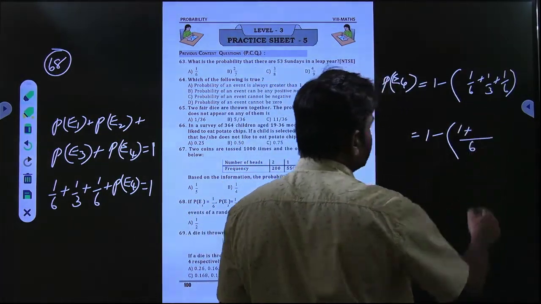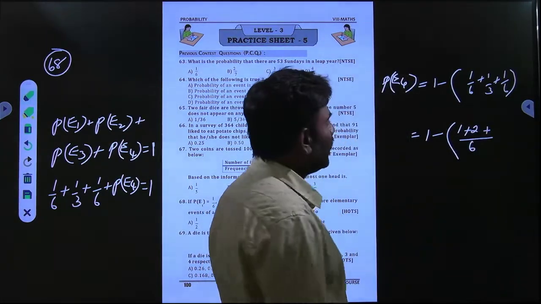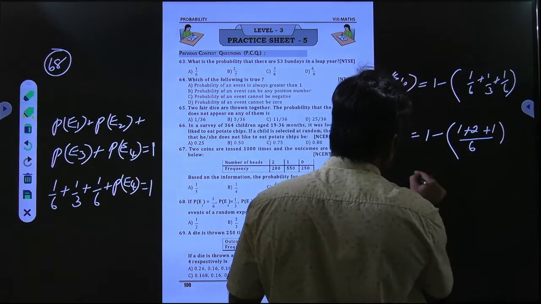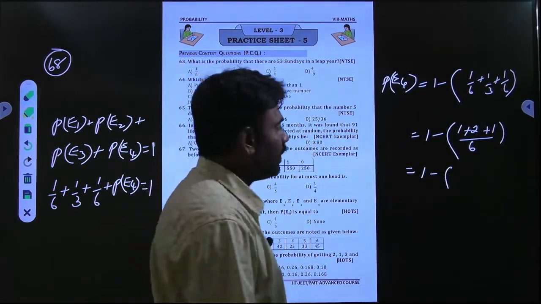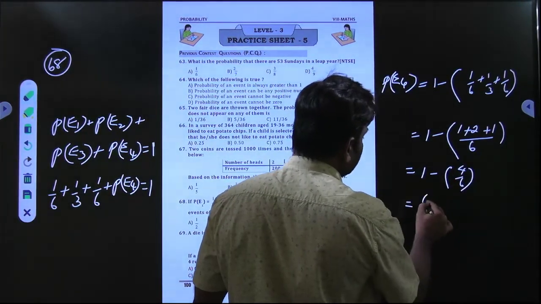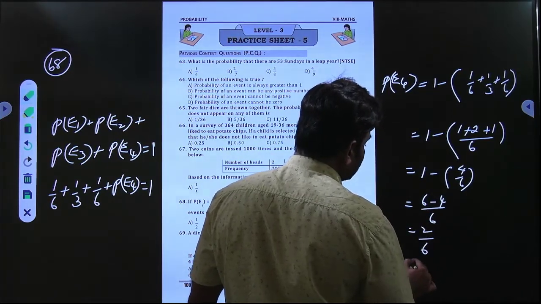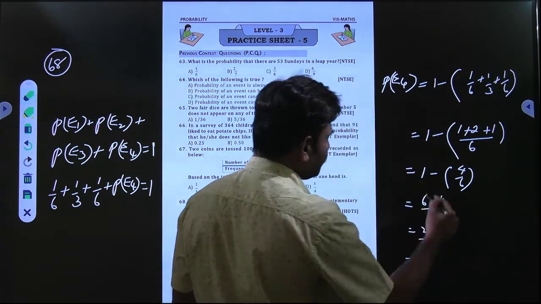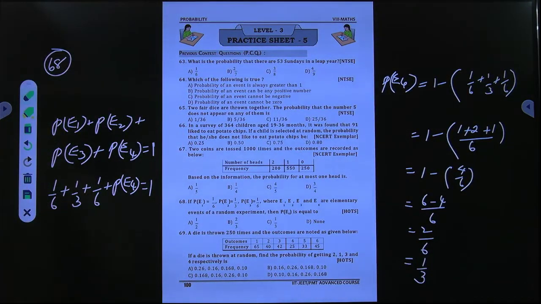Plus 3 divides 6 two times, 2 into 1 is 2. Again 6 divides 6 one time, 1 into 1 is 1. That means 1 minus of 1 plus 2 plus 1, which is 4 by 6. 1 minus 4 by 6 means 6 minus 4 by 6, which is 2 by 6. 2 by 6 is 1 by 3. So option C is the correct answer.